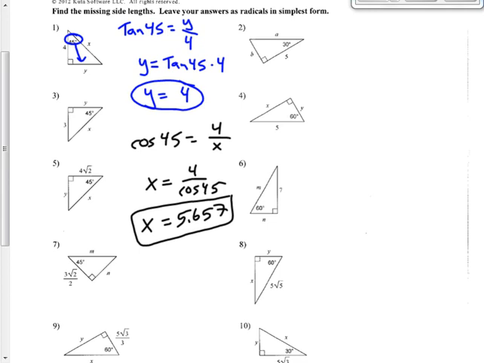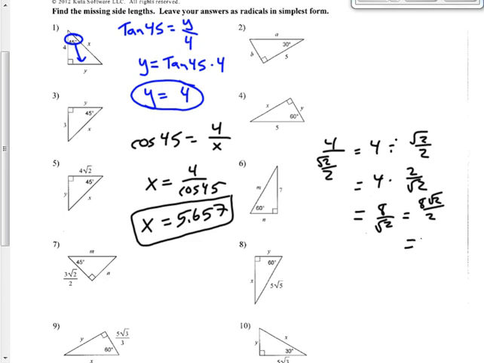And so the decimal's fine. It would be really awesome if you gave me this as 4 divided by square root of 2 over 2, and did something like this, and then gave me the answer as 4 square root of 2, because if you took 4 times the square root of 2, you're going to get that same exact answer, 5.657.